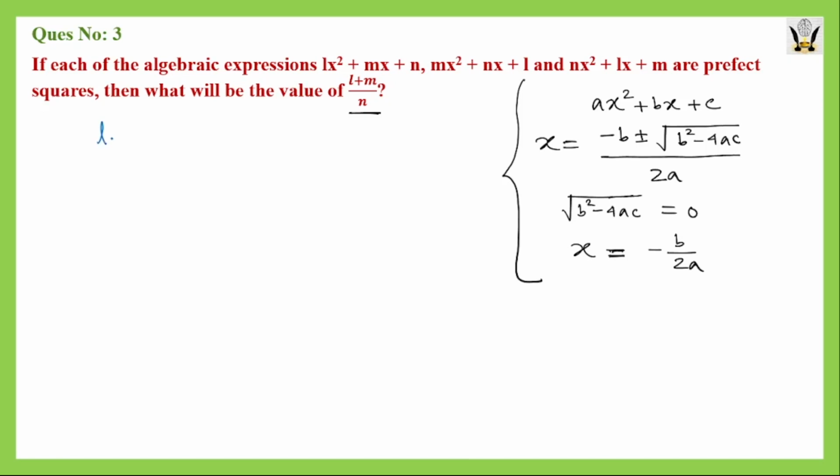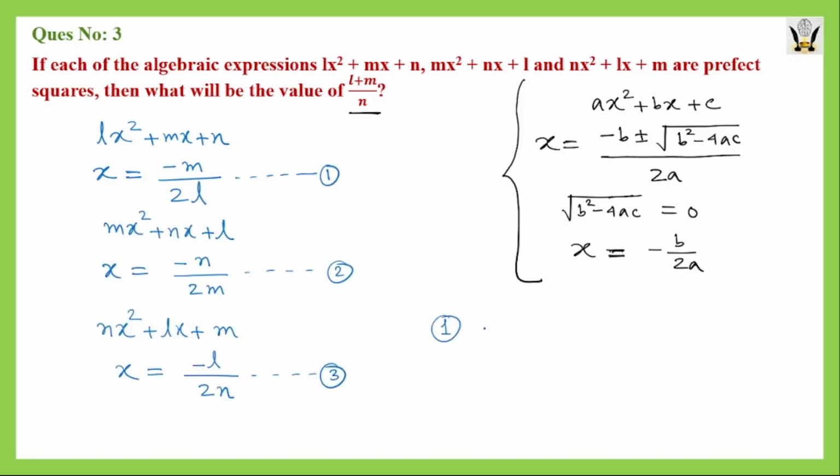So the first algebraic expression or polynomial is Lx square plus mx plus n. If it is a perfect square, then as per the Siddhacharya formula, the value of x or the root will be minus b by 2a. Here b means the coefficient of x, so it will be minus m divided by 2a, and a is the coefficient of x square, so it will be minus m by 2l.